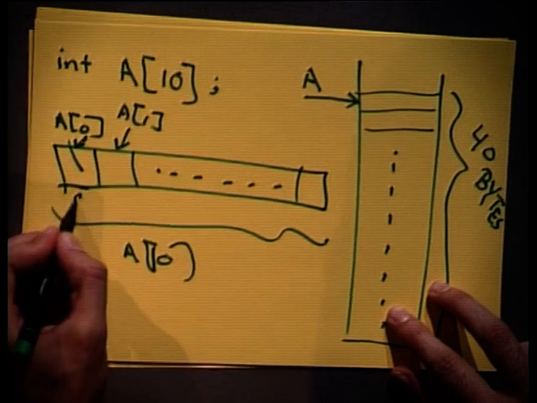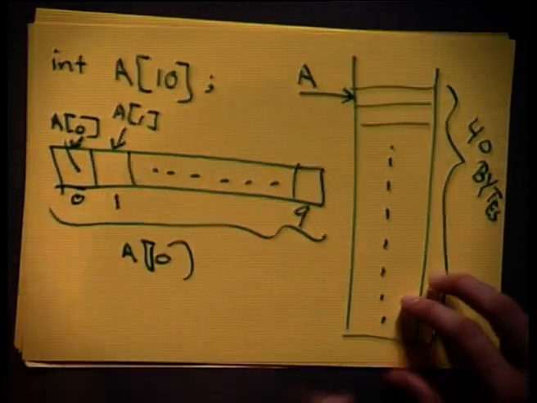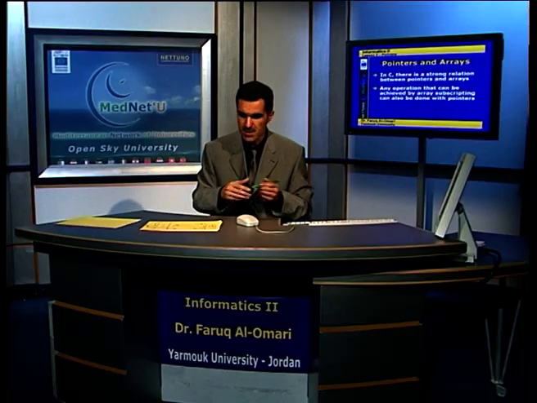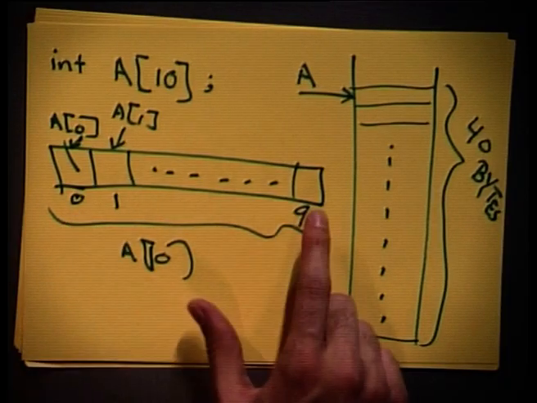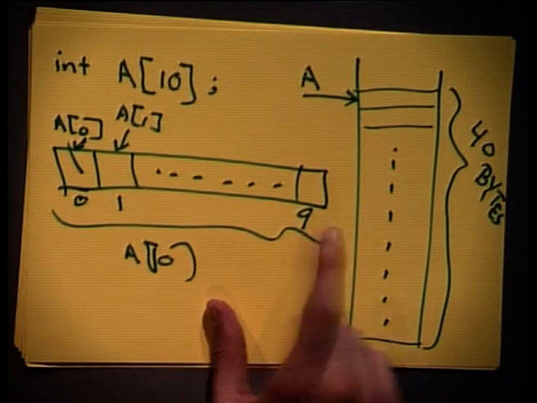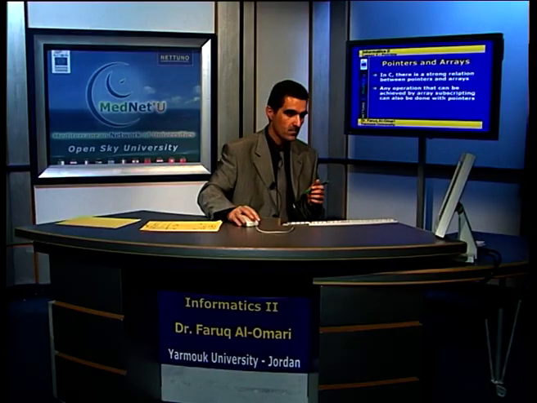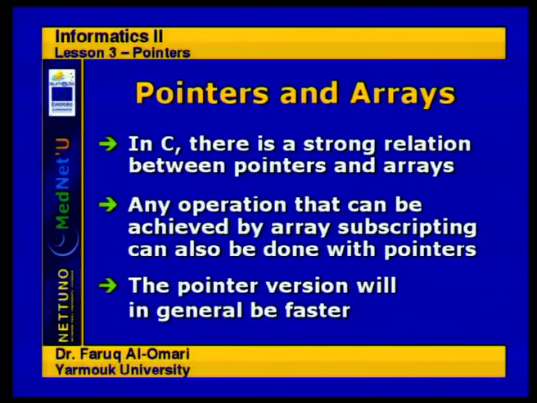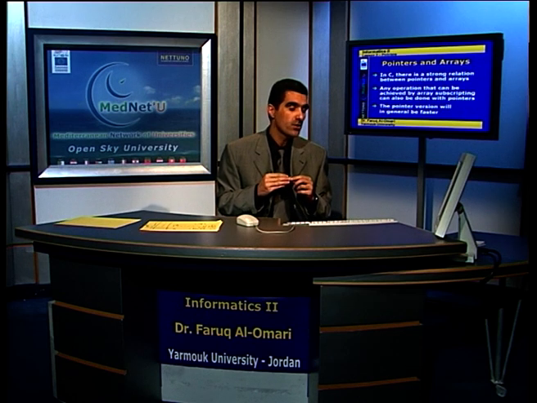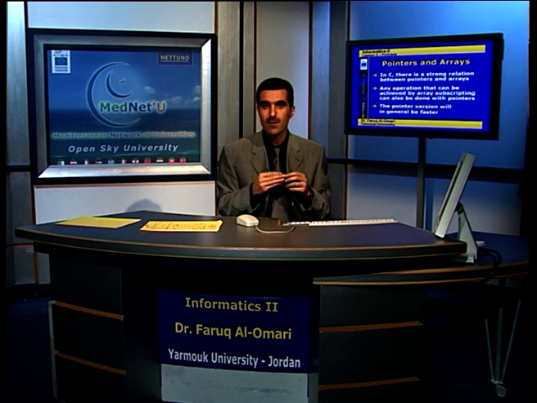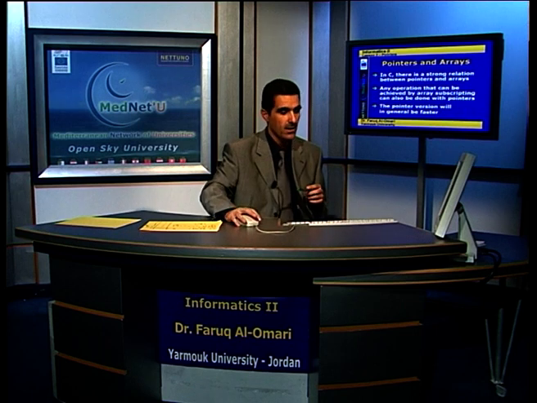So this is index 0, index 1, index 9, and that's how we define arrays in C. The first one is referred to with index 0, the last one with 10 minus 1, which is 9. The pointer version will, in general, be faster, and we prefer to point to any entry within the array by using pointers, as we're going to see in a few minutes.